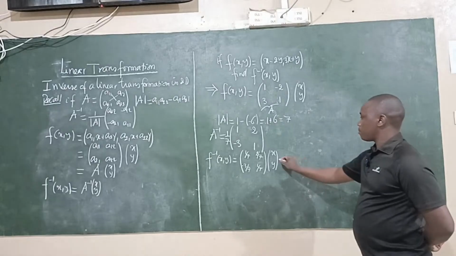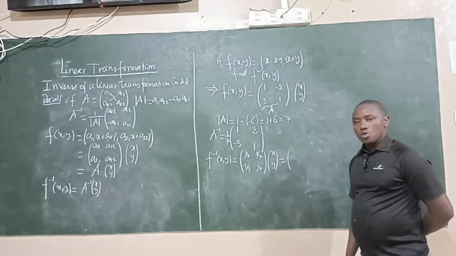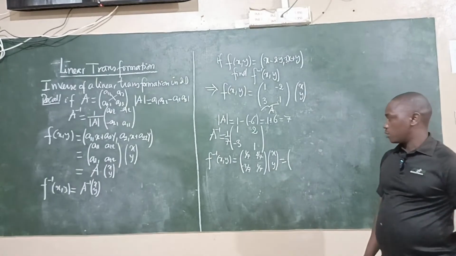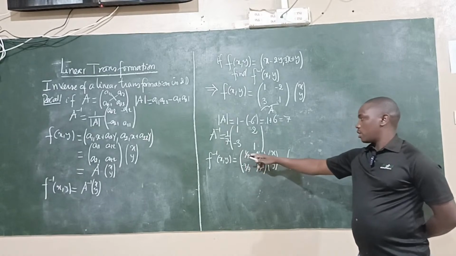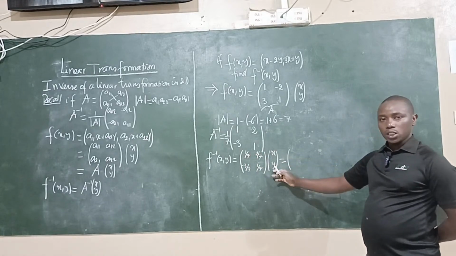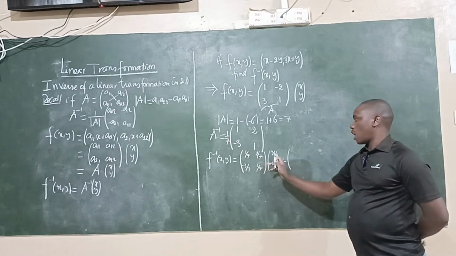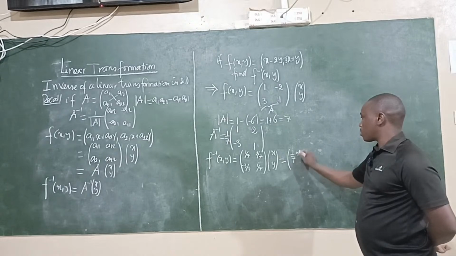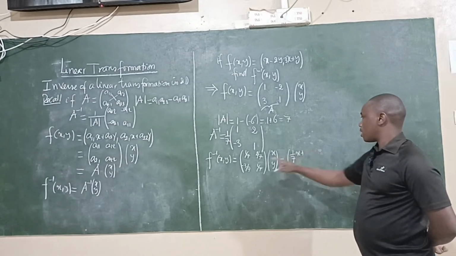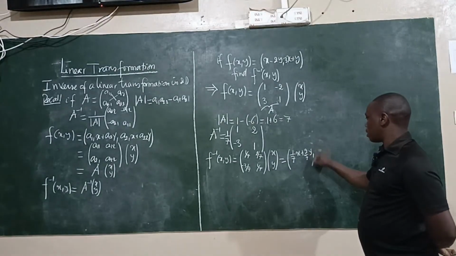You know how to multiply a matrix and a vector. We take the row and dot it with the column. So here 1/7 times x was x. This is 1/7 times x plus this times this, this is 2/7 times y.